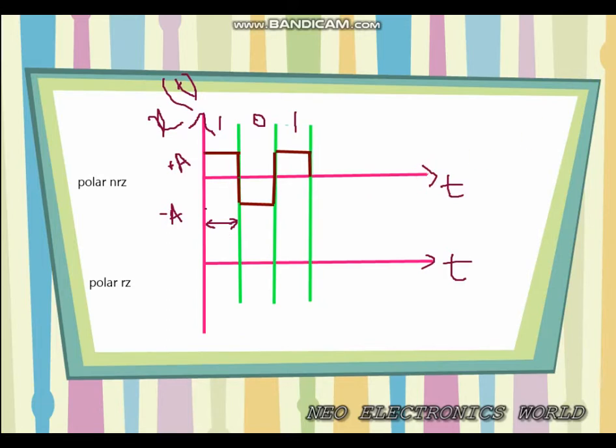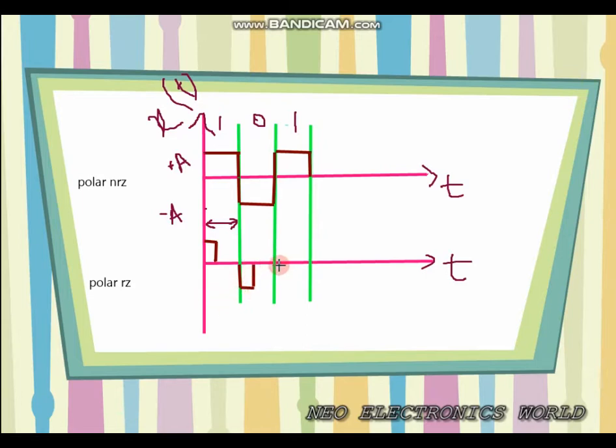Then let's see about the polar return to 0. Similar to the previous case, for 1 there will be amplitude for up to half the time duration, and then for 0, similar to the previous case, but for 0 there is a small difference.